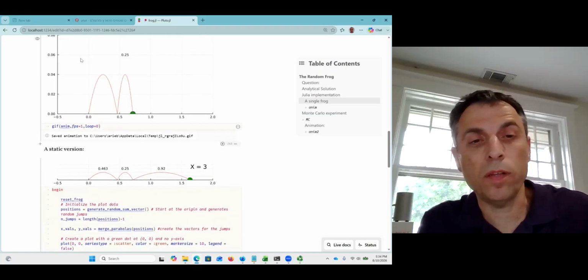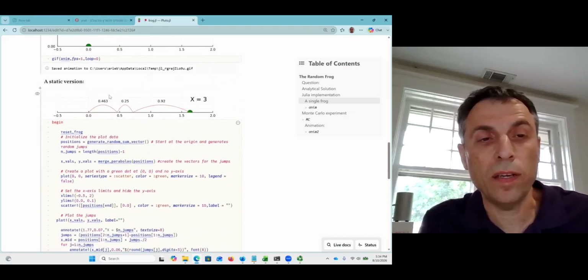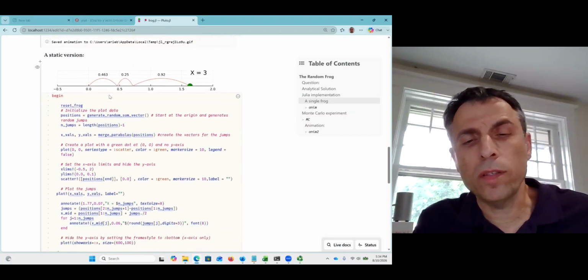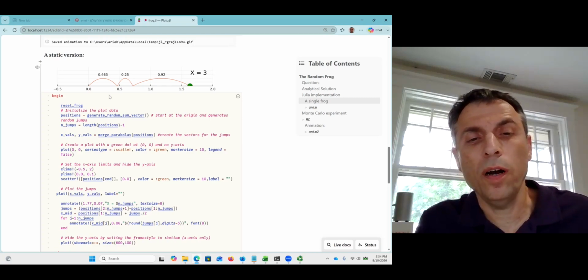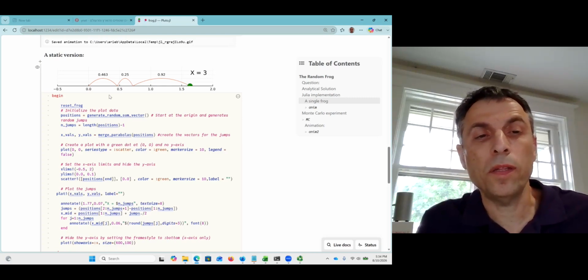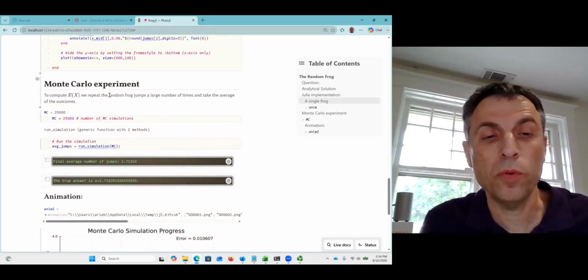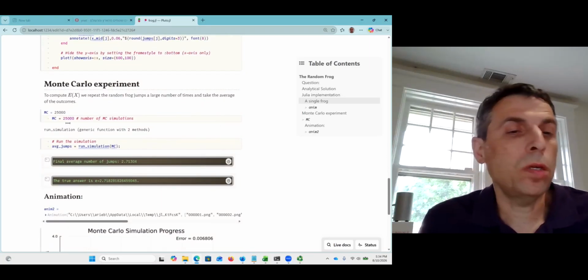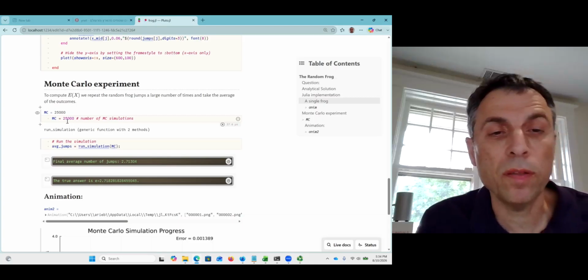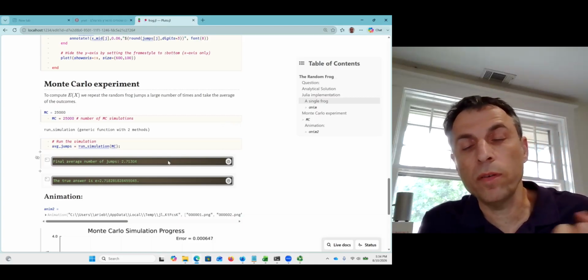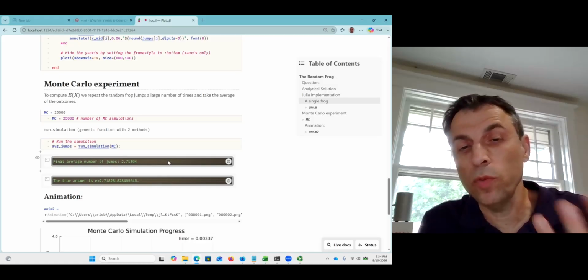Here, instead of the GIF, is a static version, and you will be able to look at the notebook to see how this is implemented. This is just a graph, but here is the Monte Carlo. Here I did 25,000 draws, and basically what you do is you keep drawing numbers between 0 and 1 uniformly, independently, and sum them.